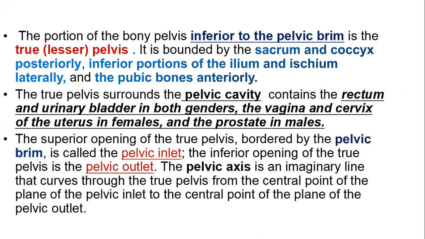The pelvic axis is an imaginary line that curves through the true pelvis from the central point of the plane of the pelvic inlet to the central point of the plane of the pelvic outlet. That's how the pelvic axis can be drawn or placed on the bony pelvis.